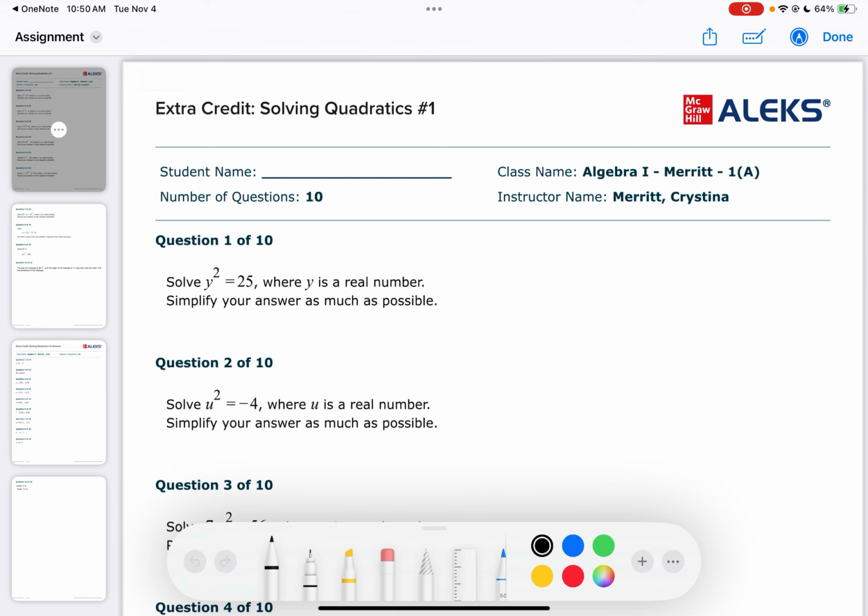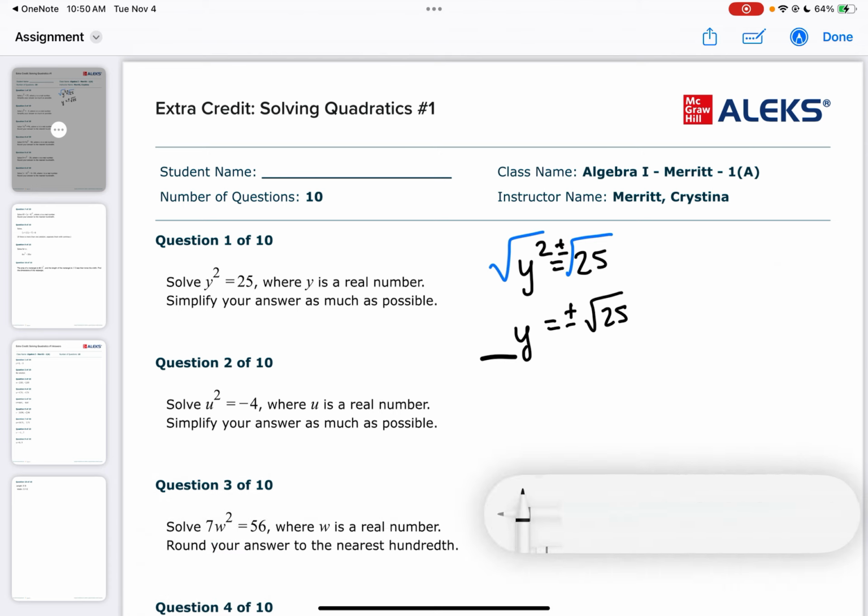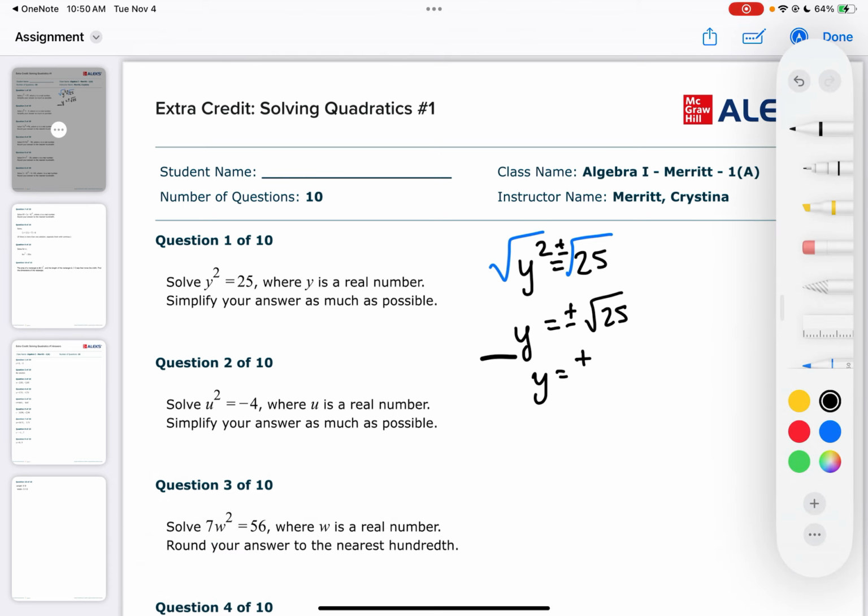All right, so we have y squared equals 25. So anytime we have a square equaling something, we want to undo that square by doing the square root. All right, so y is going to equal plus and minus the square root of 25, which ends up giving us y equals plus and minus 5.